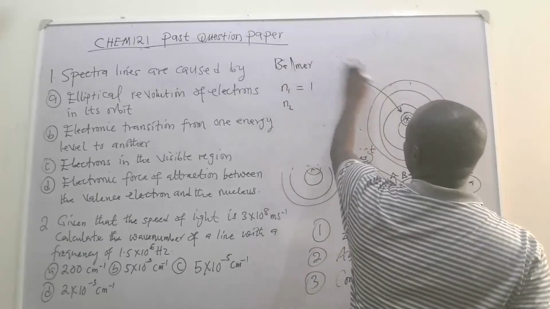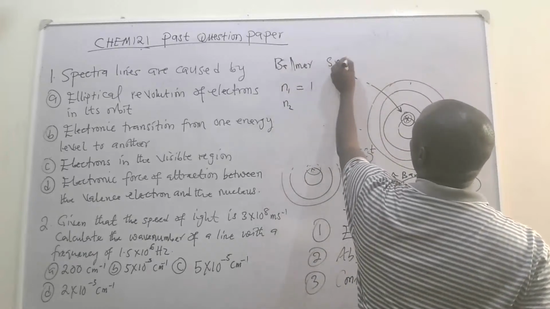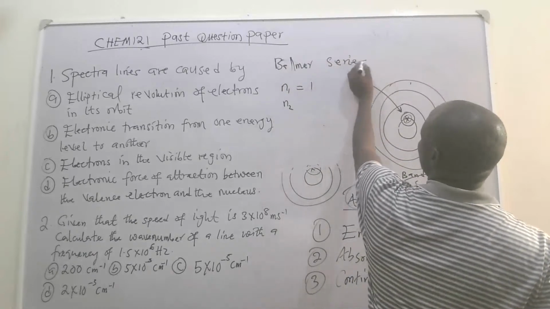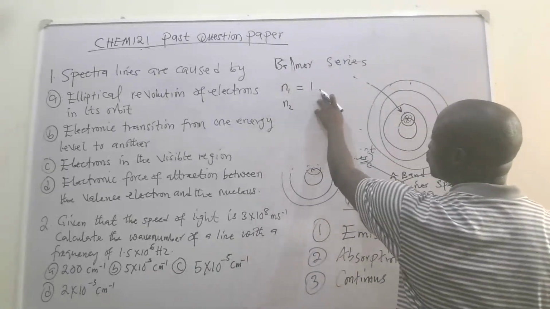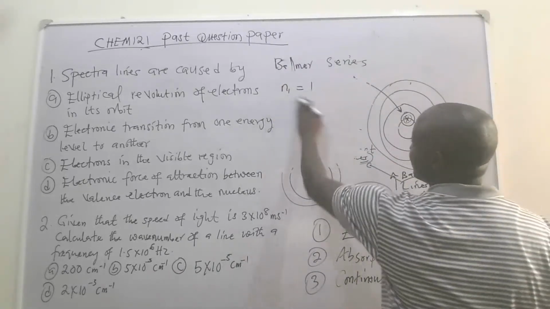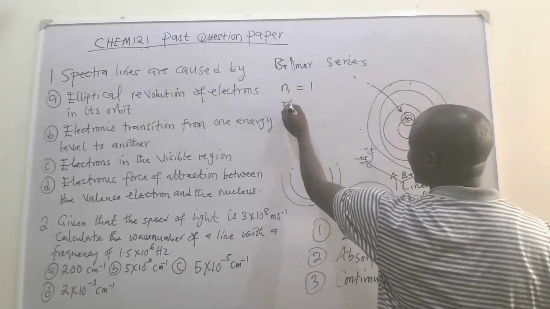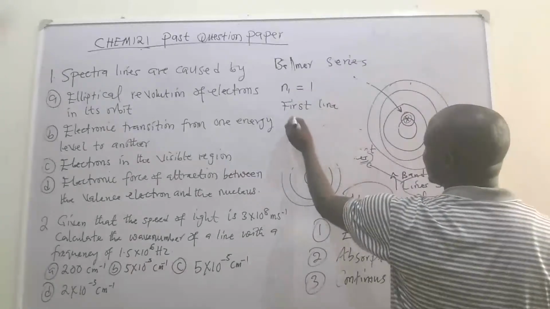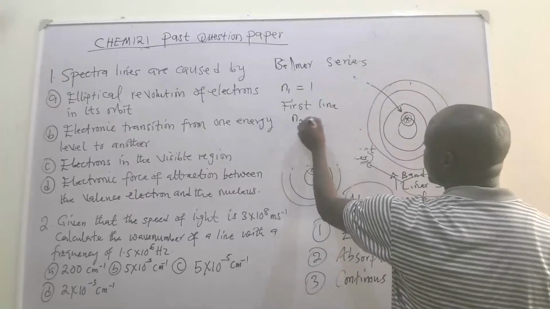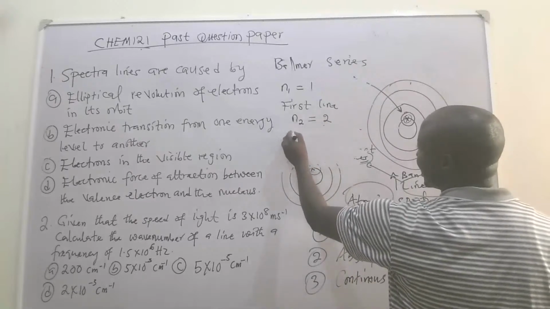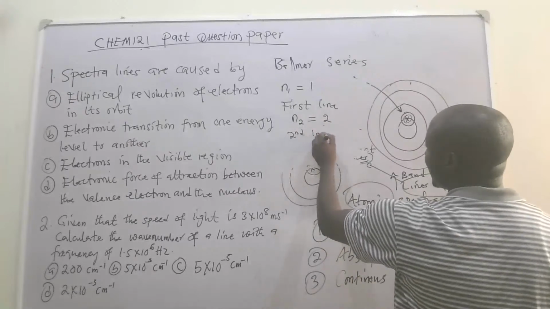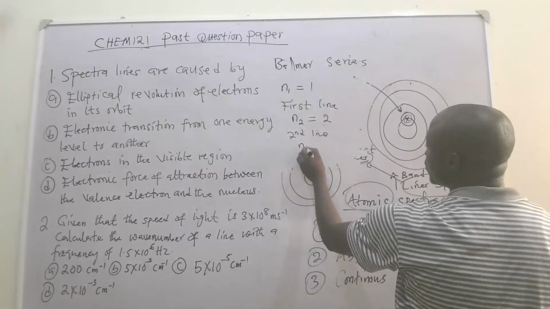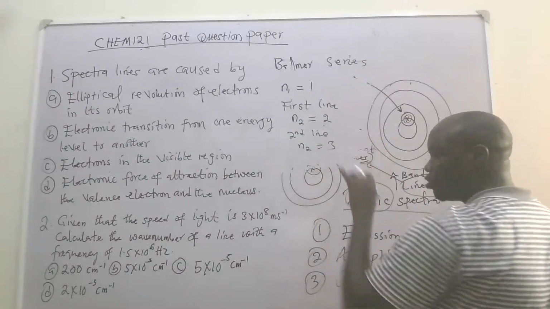Please get this, ladies and gentlemen, it is very important. In the case of the Lyman series, N1 is equal to 1. For the first line, N2 is equal to 2, and for the second line, N2 is equal to 3. So it continues like this.